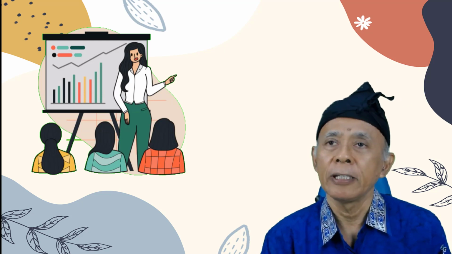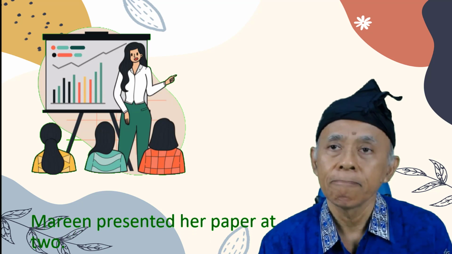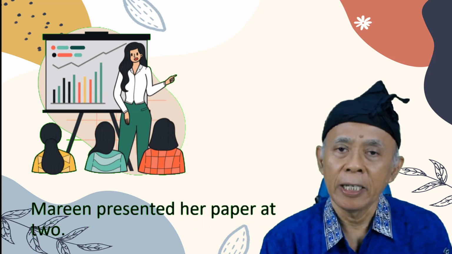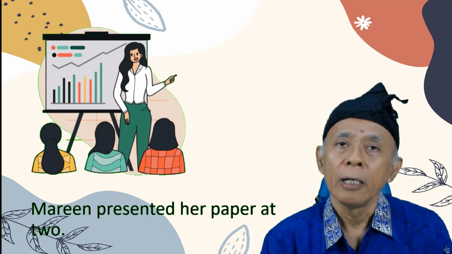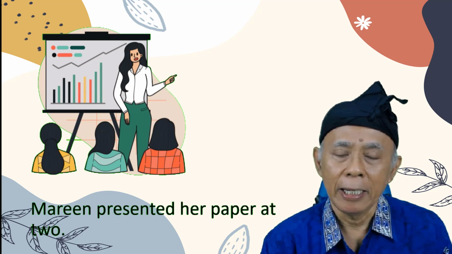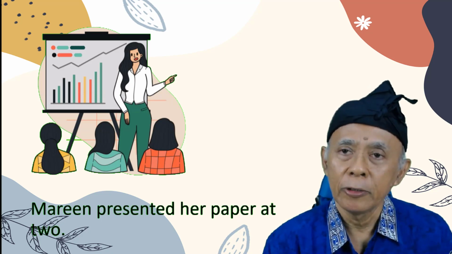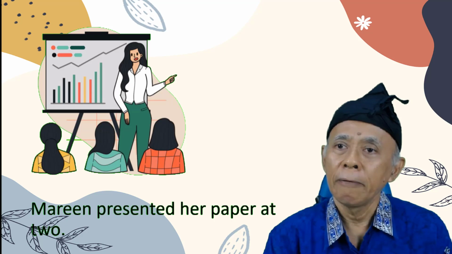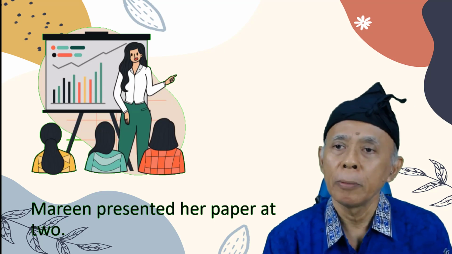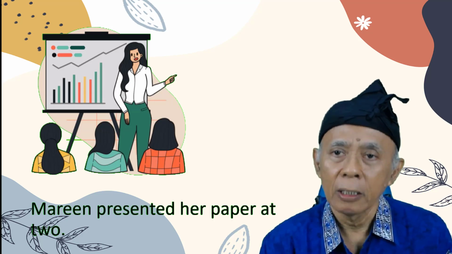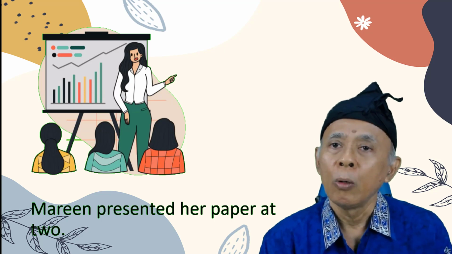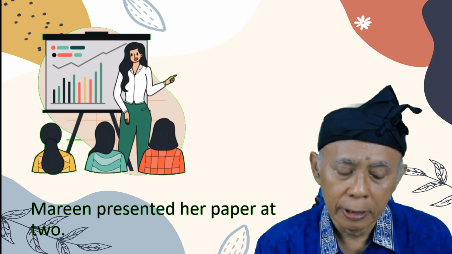Here we can say, for example, Maureen presented her paper at 2. This is a complete unit of meaning. If you talk to anybody who knows Maureen, I think the person will also know what you are talking about.